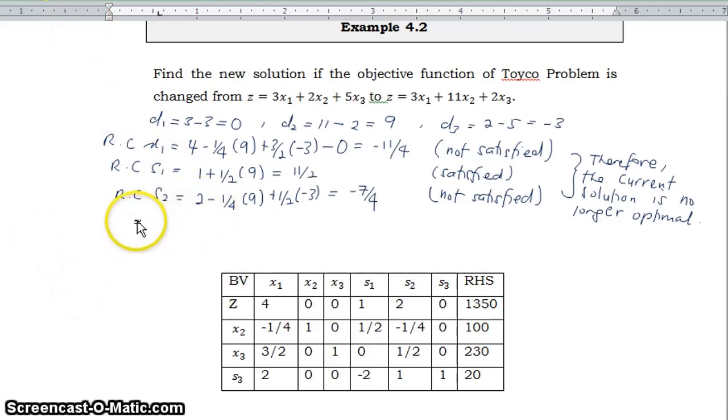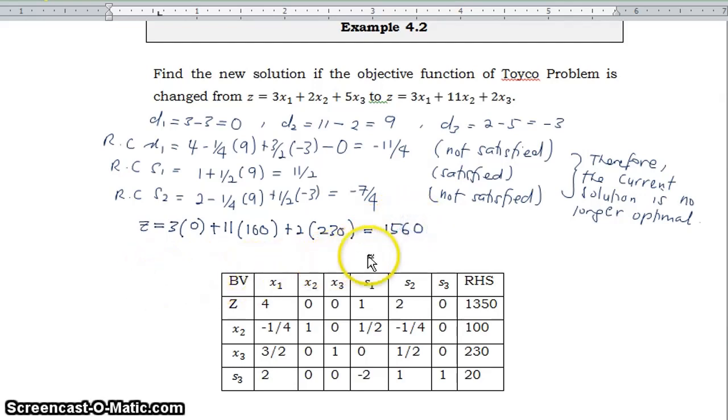We substitute the values of x1, x2 and x3 into the new objective function. We have z equals 3 times x1, which is 0, plus 11 times x2, which is 100, plus 2 times x3, which is 230, and we get z equals 1560.